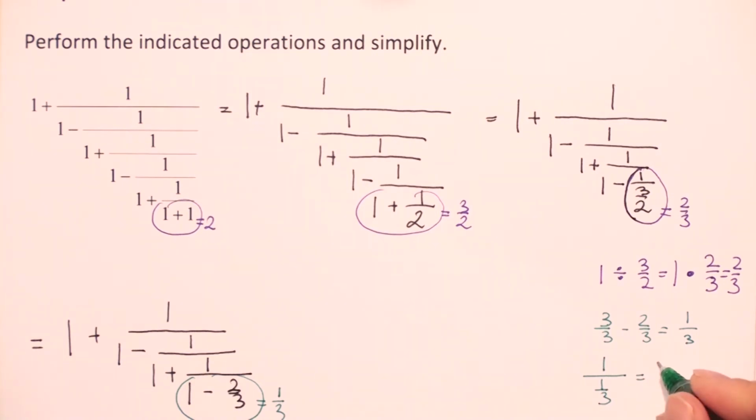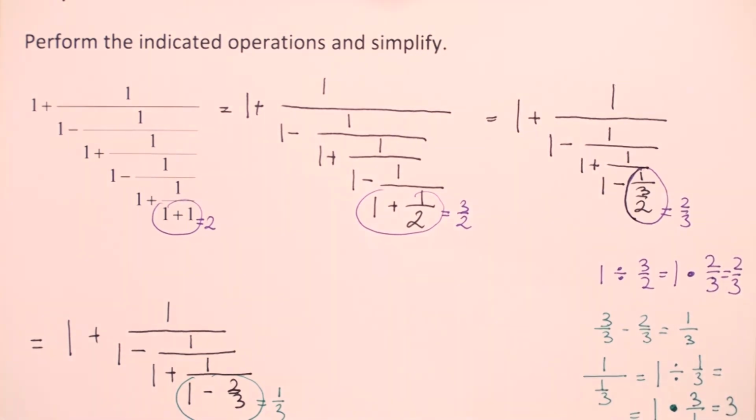So now we have here in the denominator 1 over 1/3. So this is equal to 1 divided by 1/3. So we have to copy 1, change division to multiplication, and next we have to flip the second fraction. So we have 3 over 1. So 1 times 3 over 1 is 3.